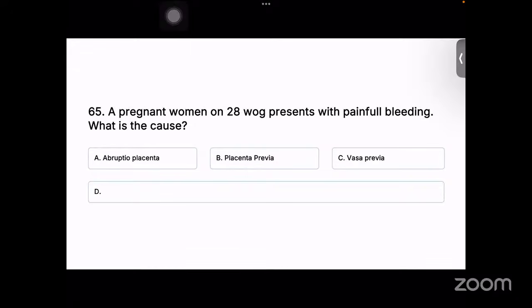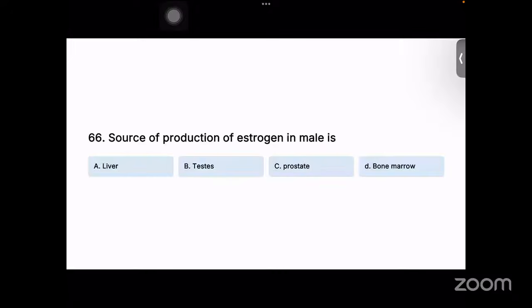Maybe the D option was uterine rupture. So maybe we will have a discussion later on the added options and the differential diagnosis, at the end of the session. What are the differential diagnoses that you may get?